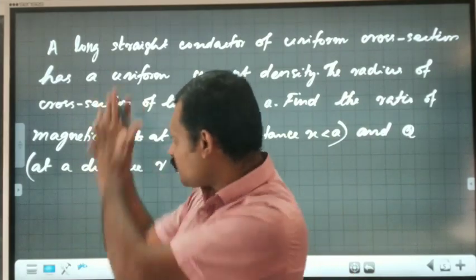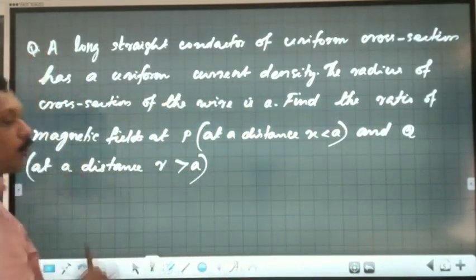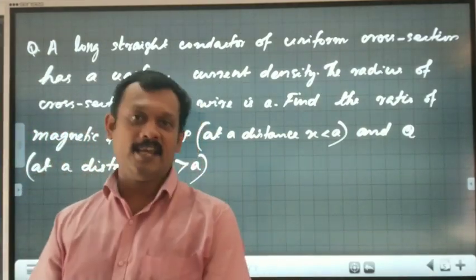So I request all of you to try this problem, and the correct answer has to be a formula such that this kind of problem can be done very easily.